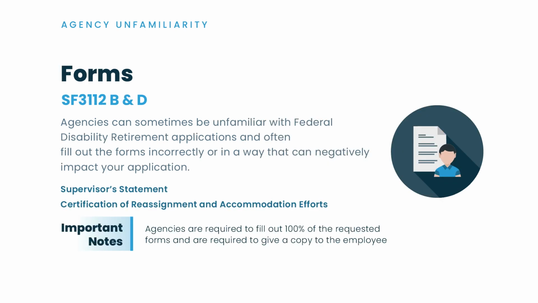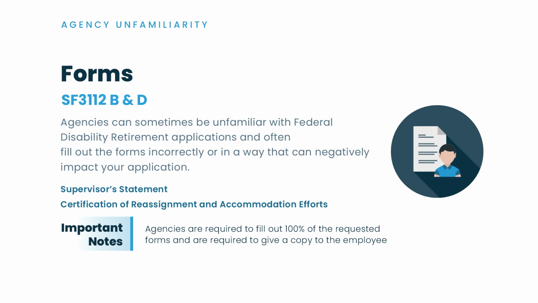Exactly. And with that being said, the forms are something that we really run into issues with, specifically the Standard Form 3112B and D. That's the supervisor statement and certification of reassignment and accommodation efforts. Generally, your supervisor statement is completed by your direct supervisor, and then the 3112D regarding your accommodation efforts is completed by somebody in your human resources office.